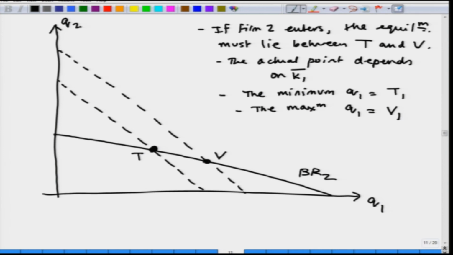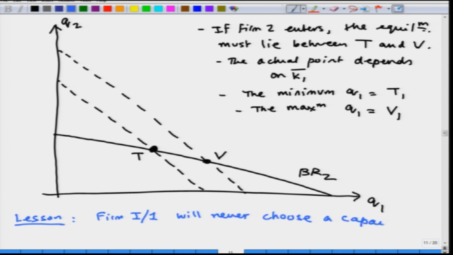So, one important lesson that we have here until now is that firm 1, or the incumbent, will never choose a capacity which is less than T1 or larger than V1, right.